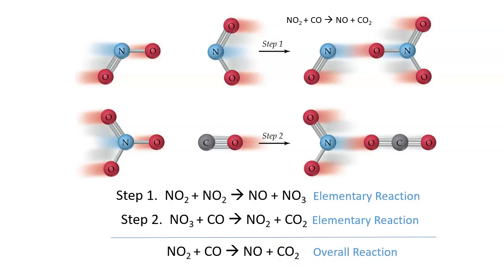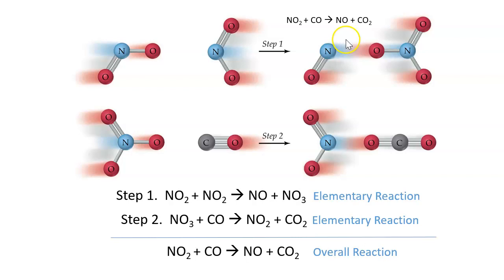How fast does it produce the carbon dioxide? Now we begin to ask how does it make this carbon dioxide? How do NO2 and CO get from that state to a state of NO and CO2? What's really interesting in this example is that we have this intermediate, which is NO3.